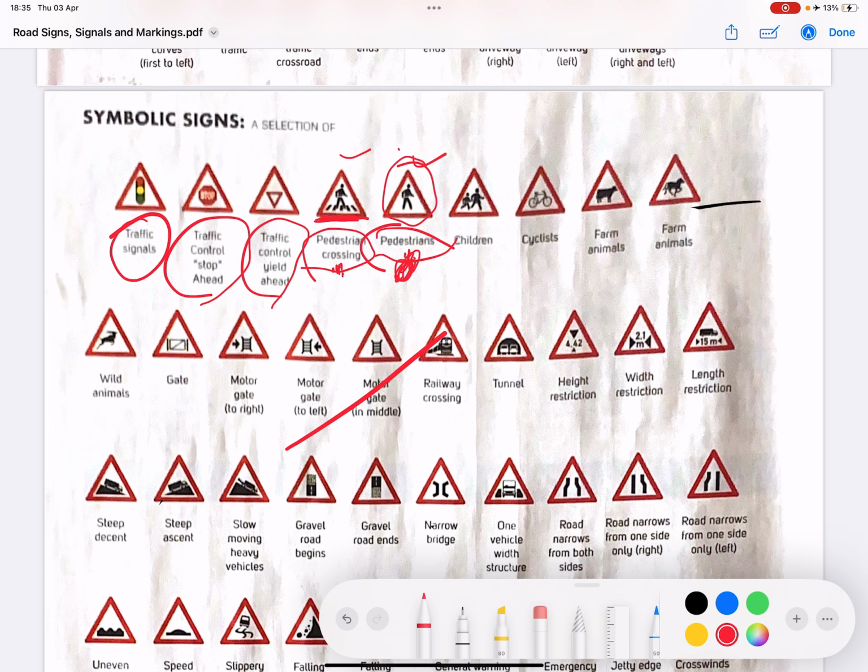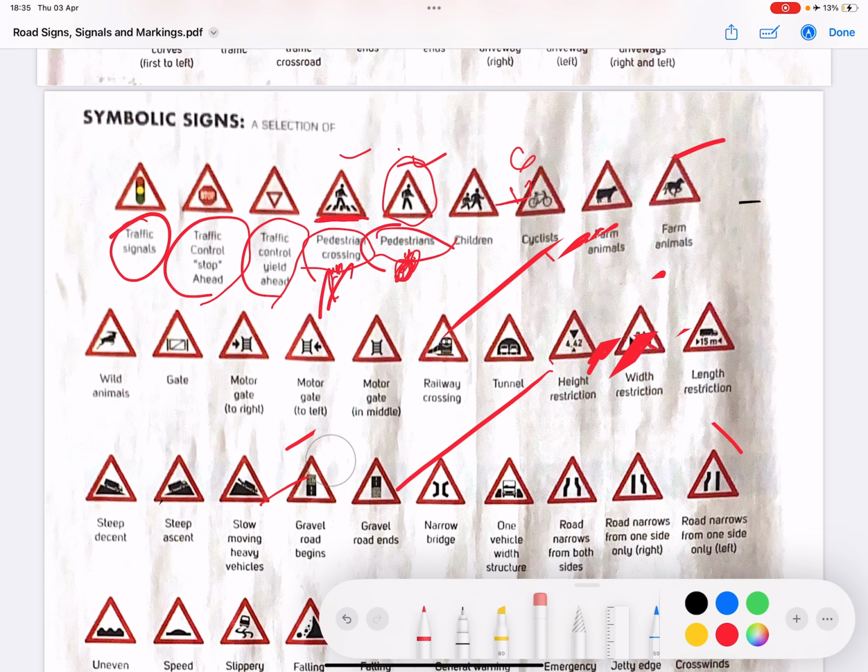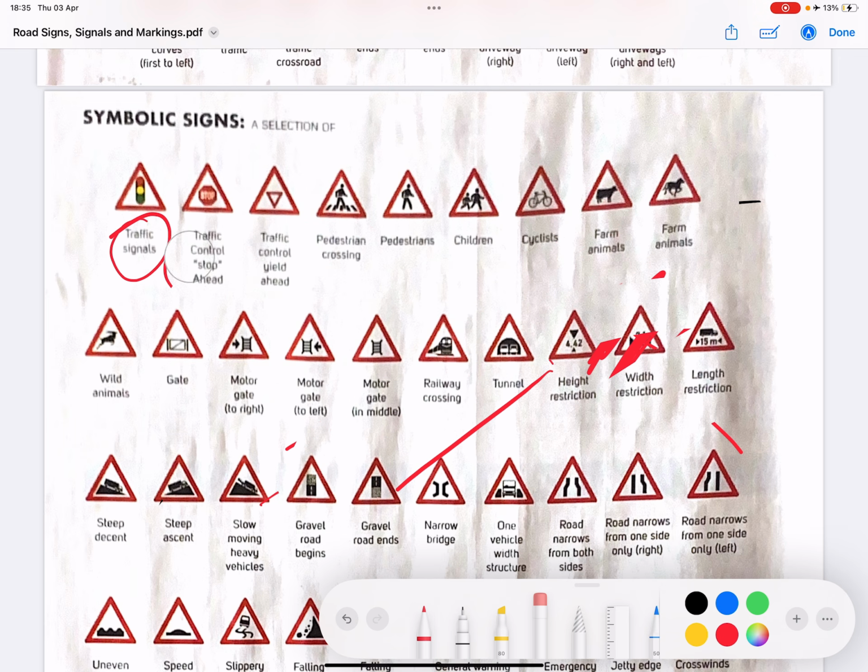But here, that means on the road there is a marked pedestrian crossing, whereby normally it goes with the yield sign. So as you are driving, you must yield. And if there are people waiting to cross the road, allow the people to cross. That's what this one is telling you. Okay. But the rest, you can see what's happening.